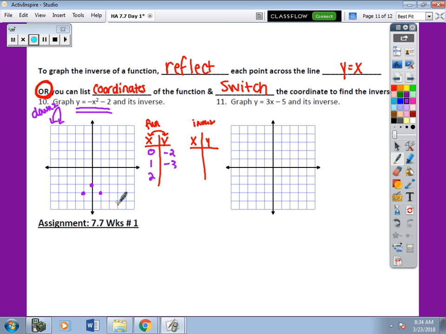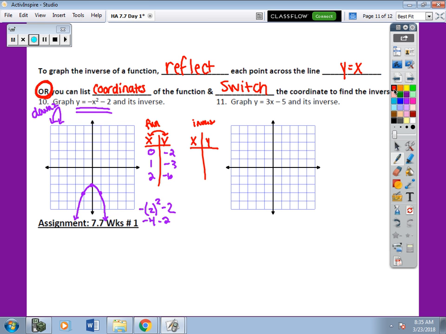And then make sure when you do the 2, this is negative parenthesis 2 squared. So this would be negative 4 minus 2, which will get you negative 6, but that's going to go off my graph. Now we do want to connect the dots because this is the equation. So that's the original.